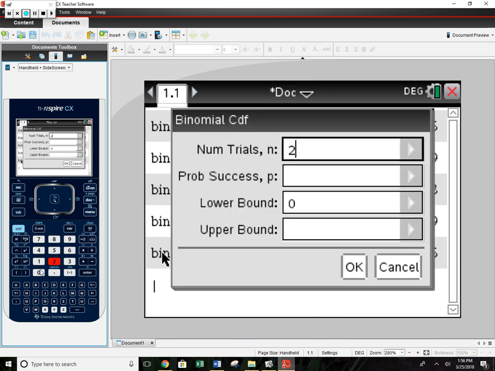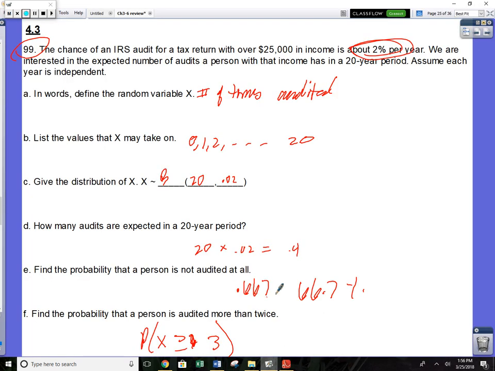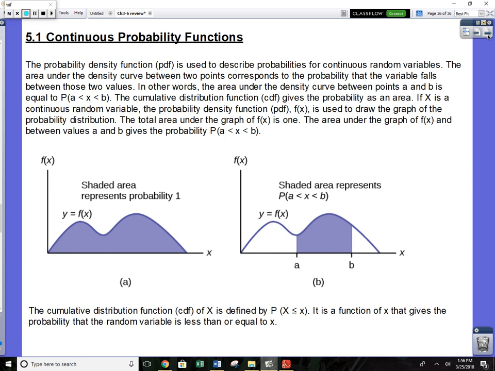Okay, number of trials still 20. Chance for success is 0.02. The lower bound is going to be 3. The upper bound is going to be 20. We're hoping it's going to be a pretty small rate. Okay, there we go. 0.0071. So that is a 0.7% chance that you're going to be audited more than twice. So that's not likely at all. Okay, that's it.